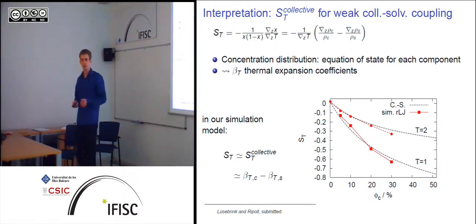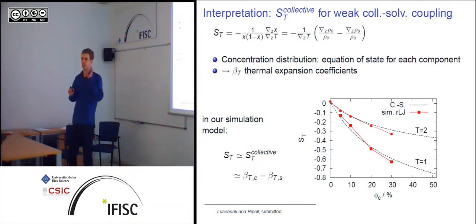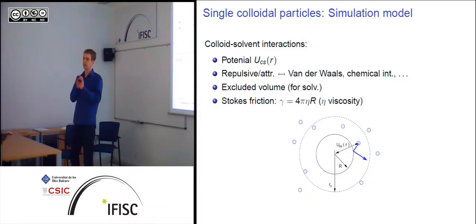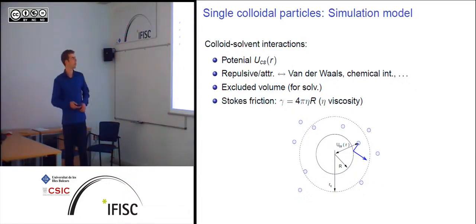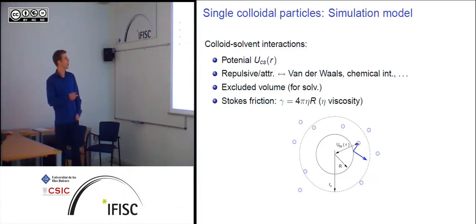So these were the results for the collective Fourier coefficient. And now we want to study what is the effect of single particles with the solvent. Therefore, we use a simulation model in which we use an explicit interaction potential between the colloid and the solvent.